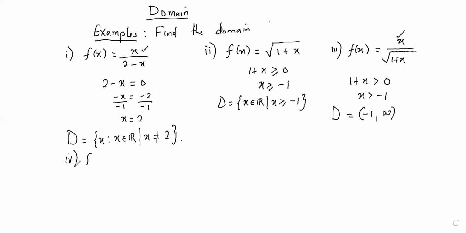The fourth one, f of x is equal to the square root of -x plus 2 over x plus 3.